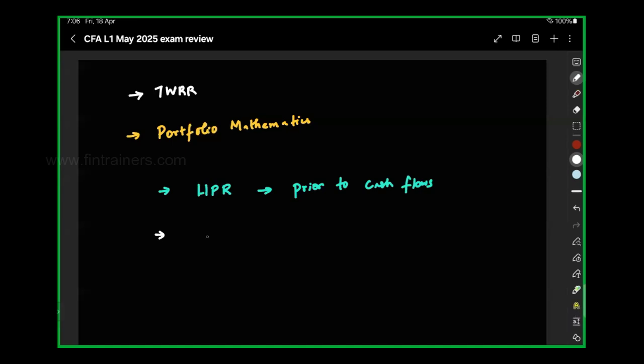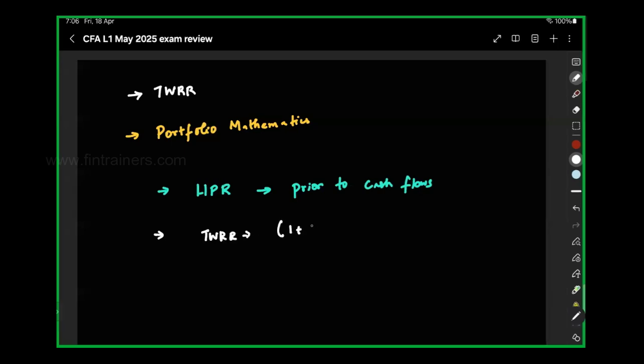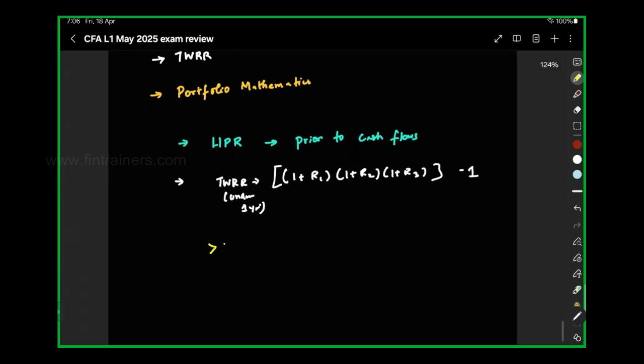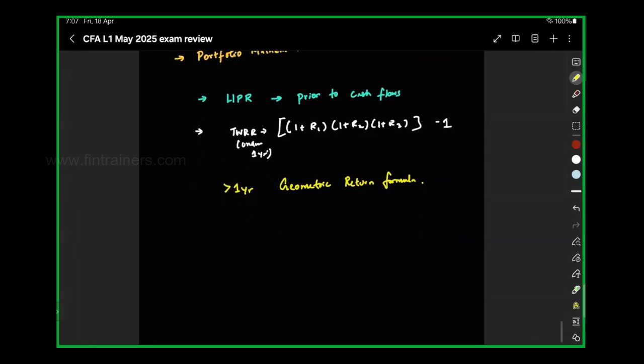So your TWRR will be 1 plus R1 multiplied by 1 plus R2, so you're just compounding that. If we want to compute TWR for multi-year, greater than a year, then this computation will be a geometric return formula. So let's solve one problem on TWRR.